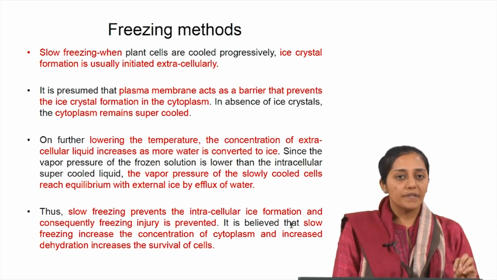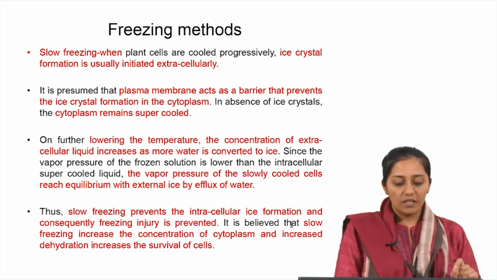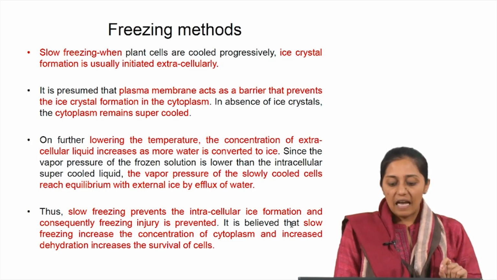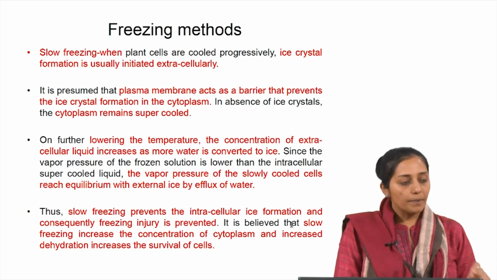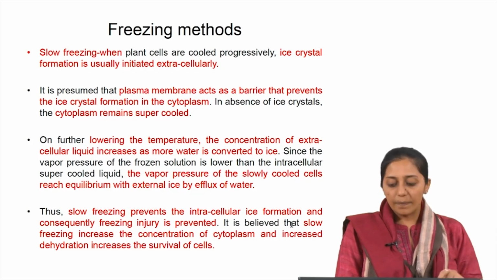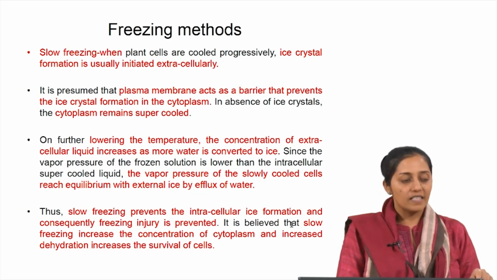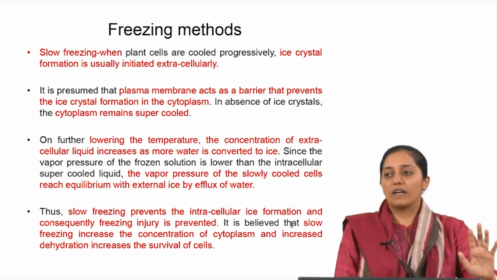So, how does it happen? Once you lower the temperature, the concentration of the extracellular liquid increases as more water is converted to ice. Now, since the vapor pressure of the frozen solution is lower than the intracellular supercooled liquid, the vapor pressure of the slowly cooled cells reaches equilibrium with external ice by effluxing water.